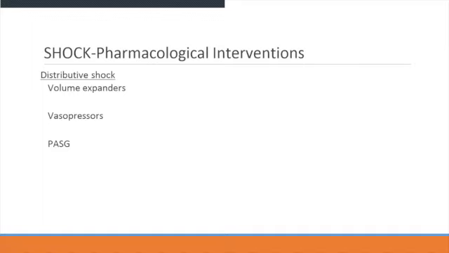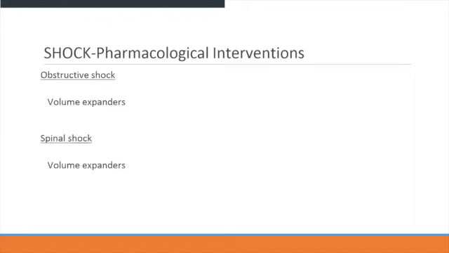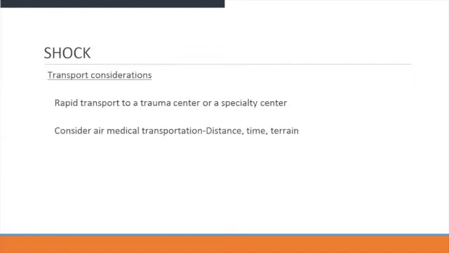Distributive shock, you want some volume expanders, vasopressor, and you may also want to look at using MAST pants or the PAS pants. Obstructive shock, volume expanders is the only thing you could do for these individuals. And also spinal shock is going to be volume expanders. You want to increase the amount of volume that's inside that container.